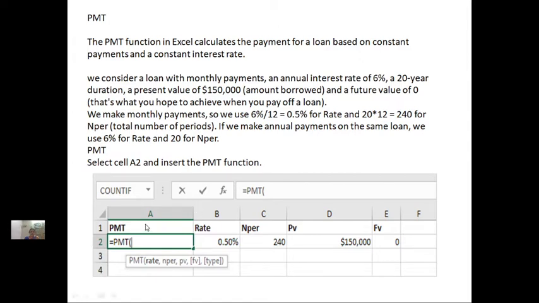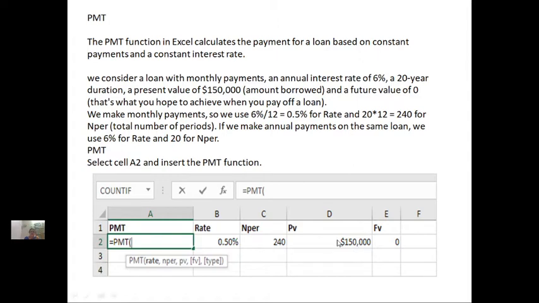Now see here in the sheet, he has taken an example and explained how PMT is calculated. Select cell A2 and insert the PMT function. Here, in the B2 column, the rate is 0.50%, and in the C2 column, NPER, the number of periods, is 240.